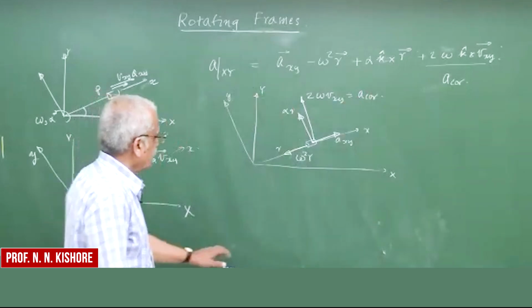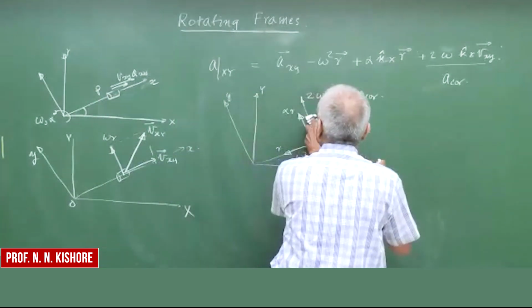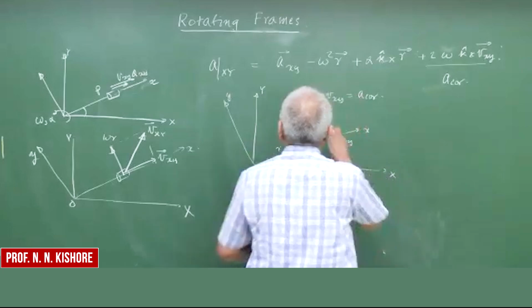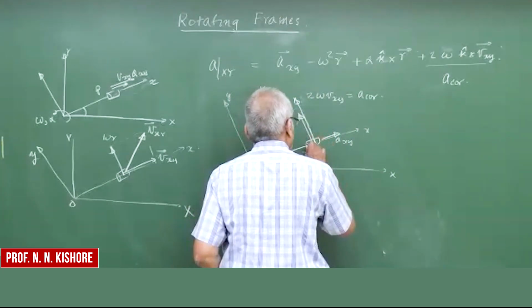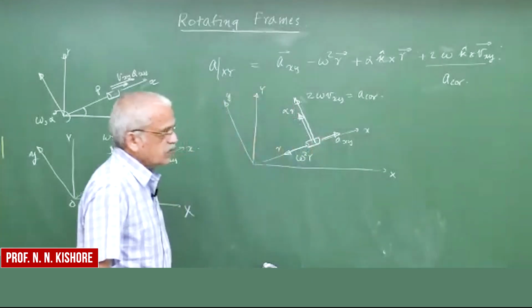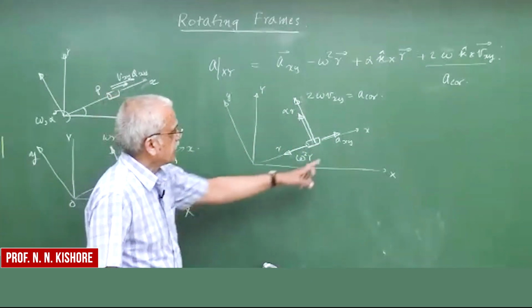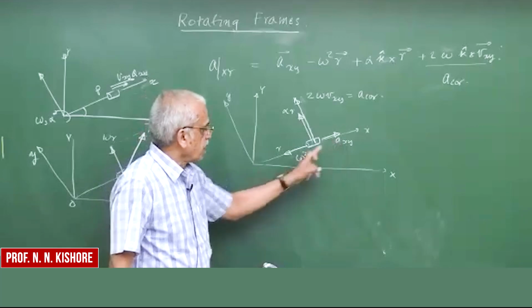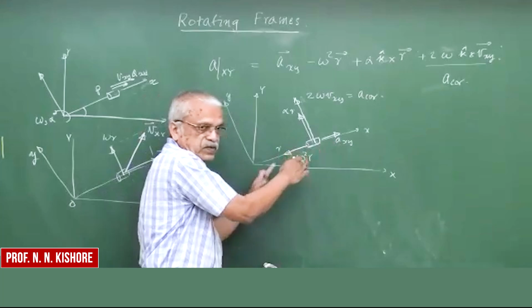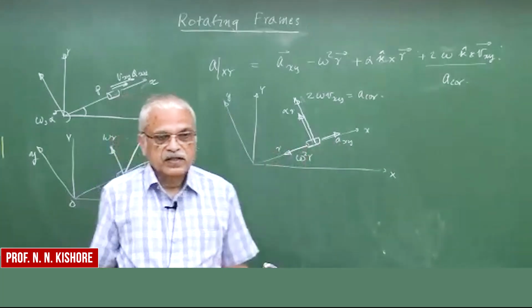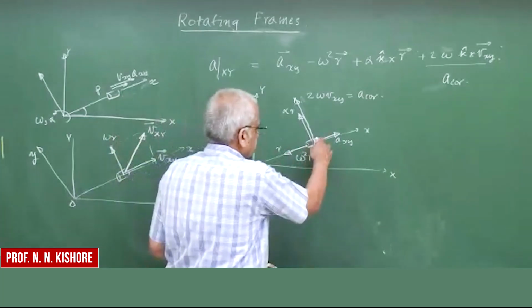Okay, so these are the 4 components. This is the relative acceleration, and this is the omega square r. You know that omega square r is your centripetal acceleration.